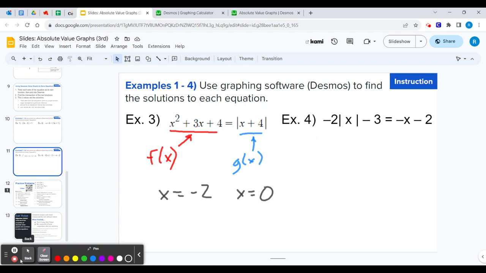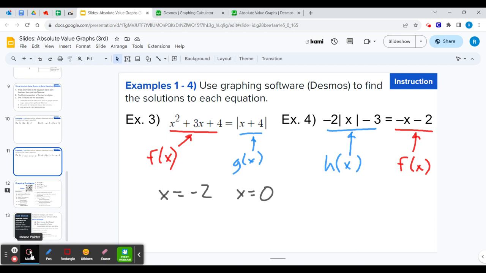Okay, example 4. Let's test this out. It doesn't matter which one we call which, so let's mix it up a little bit. Let's call my f of x the one on the right. And let's call this one on the left h of x this time. It really doesn't matter what name we give the function, as long as we understand that we're graphing two separate functions here.